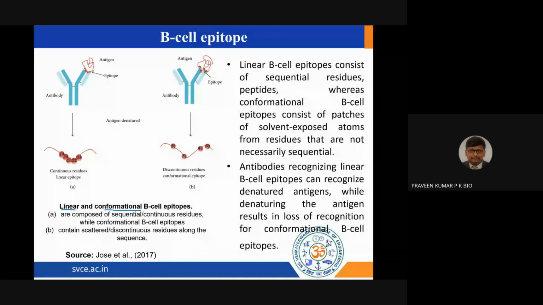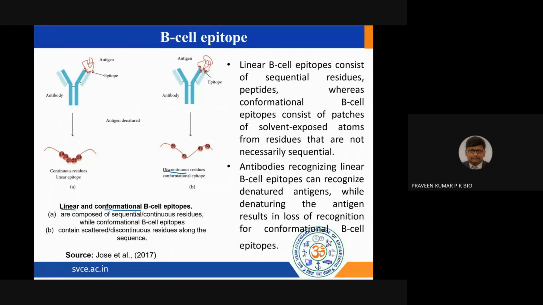But in the conformational B cell epitope, also called discontinuous B cell epitopes, the amino acids are discontinuous; they are not continuously present in the protein sequence. So obviously, whatever epitope is binding with the antibody is perfectly bound compared to the linear one, because an amino acid is going inside.